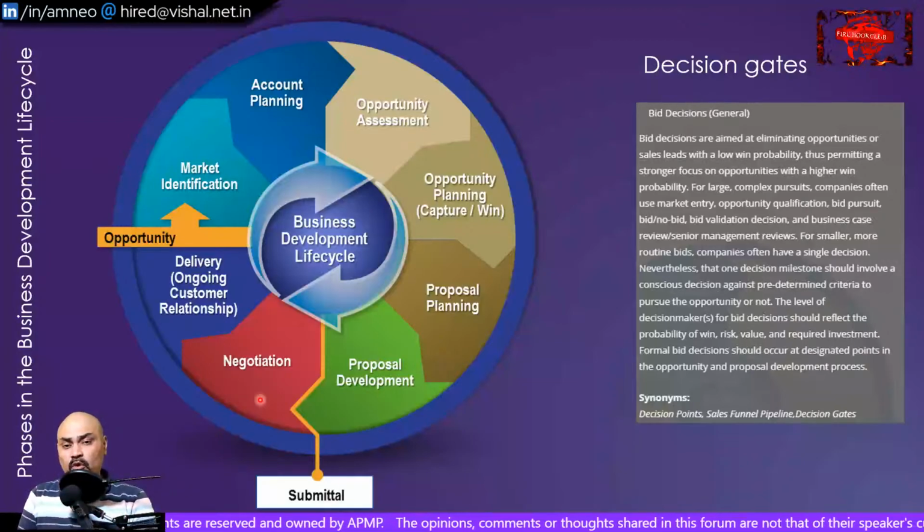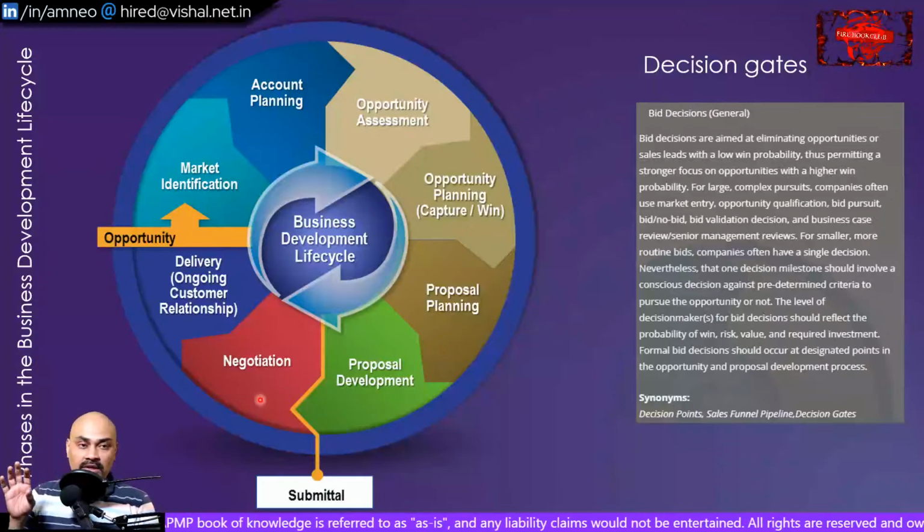But the key point that we are trying to drive over here is that the decision to participate in a bid starts way before the RFP actually hits the market on a listing. Perhaps there are many websites out there which list bids on their website. So that is the decision point.